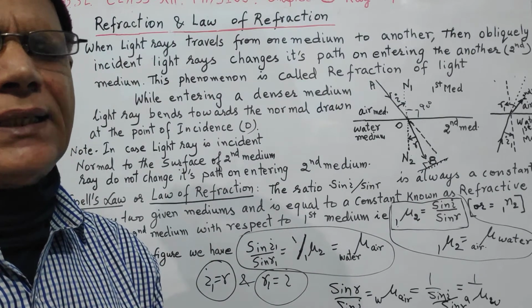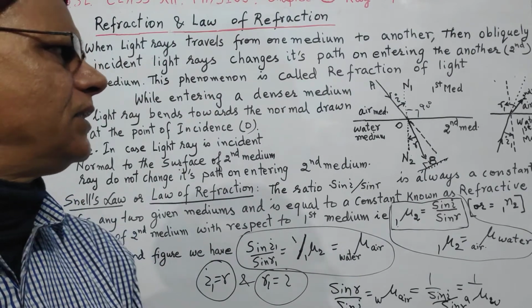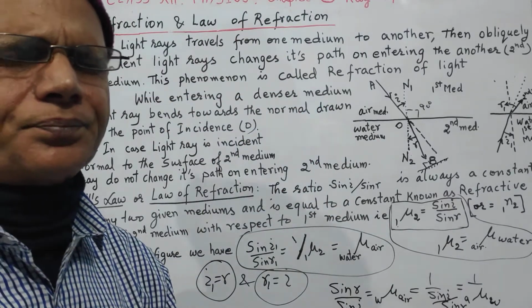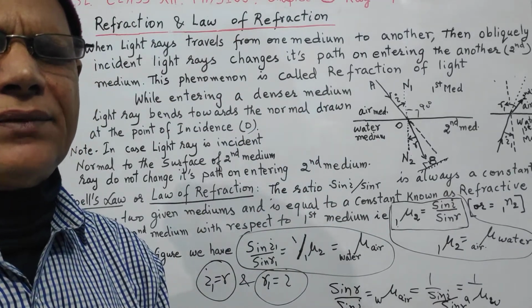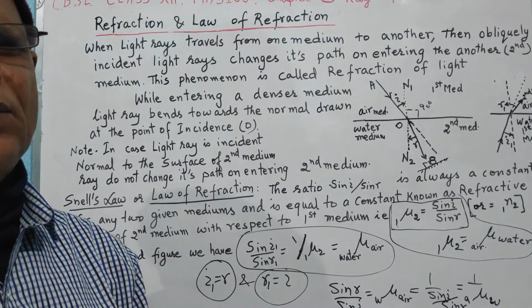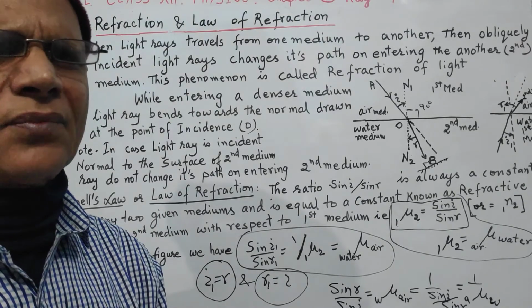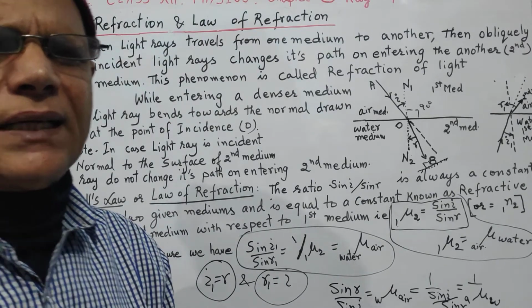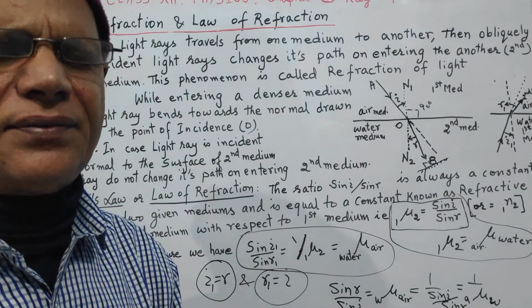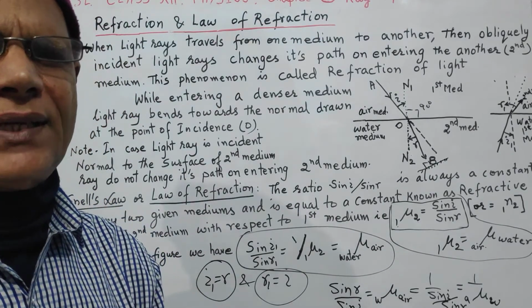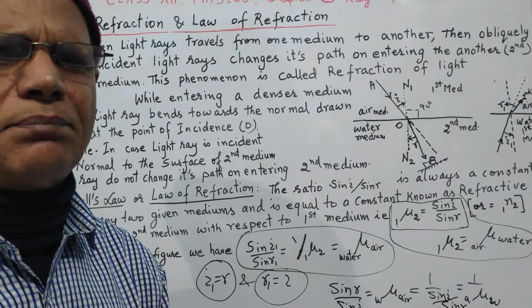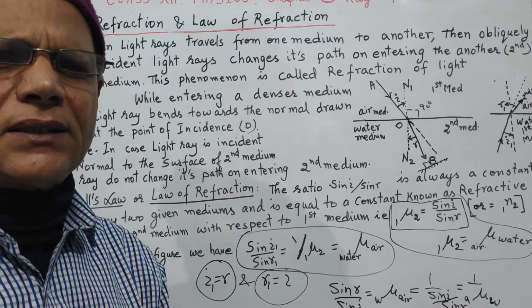So we can take it like a particle, and when it is incident on some surface, it is reflected back and follows the same law of reflection. That is, the angle of incidence is equal to the angle of reflection, and the incident ray, reflected ray and normal all lie in the same plane.